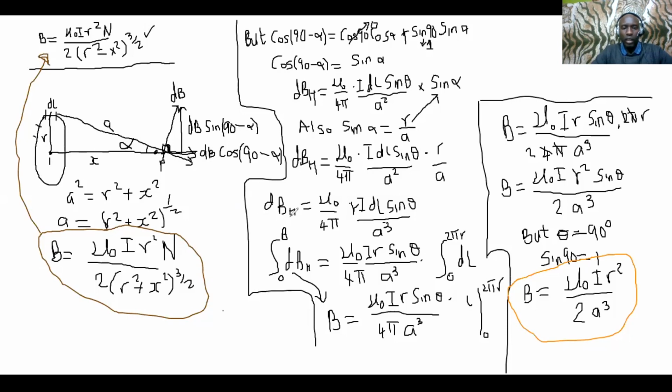Now we are going to check how to reduce this expression to get the magnetic field at the center of the circular coil, and also how to use this expression to get the magnetic field for a Helmholtz coil.